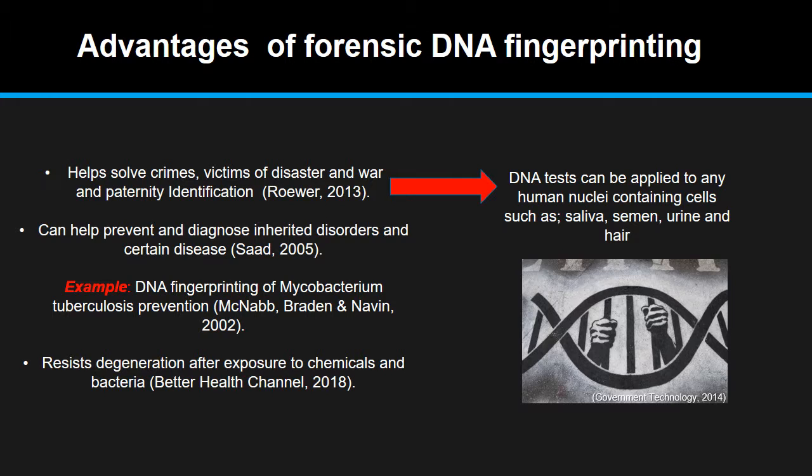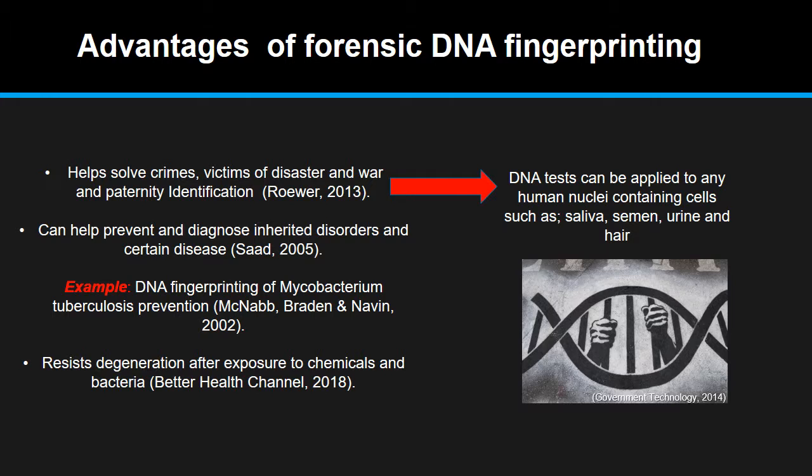It's practically the key to linking suspects to biological evidence. Another advantage is that DNA testing can be applied to any human nuclei-containing cells. So these can include saliva, semen, urine, and hair.